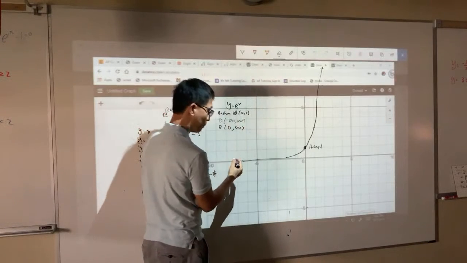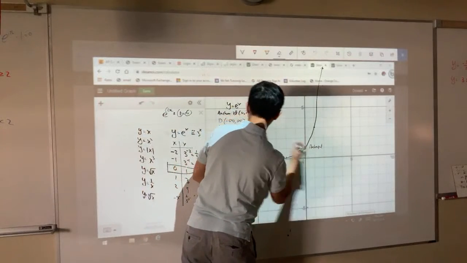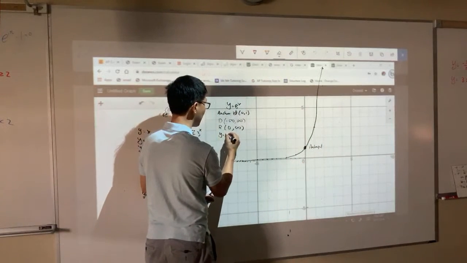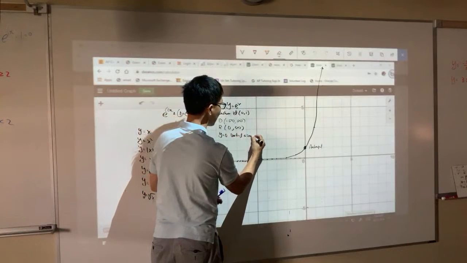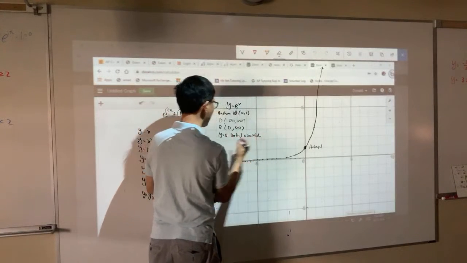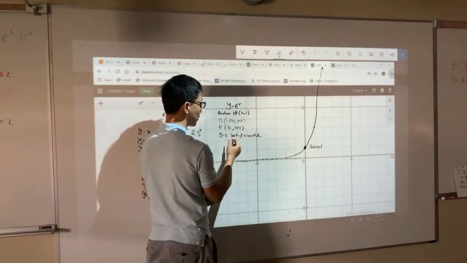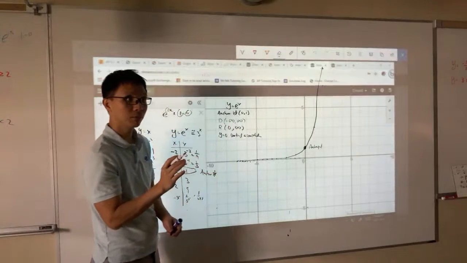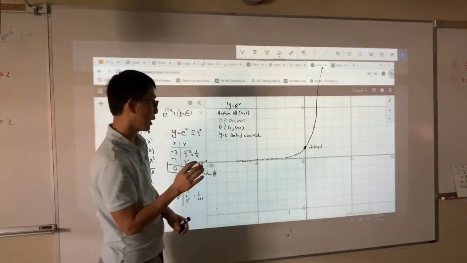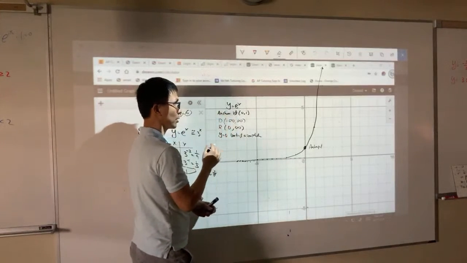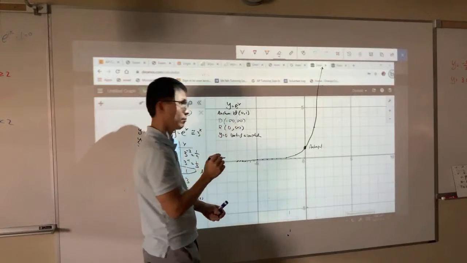Where's the asymptote? y equals 0 is a horizontal asymptote, right? And then there was the anchor point 0, 1. There was no vertical asymptote. Okay? So this is the generalized graph. Is it an even or odd function? It's neither.